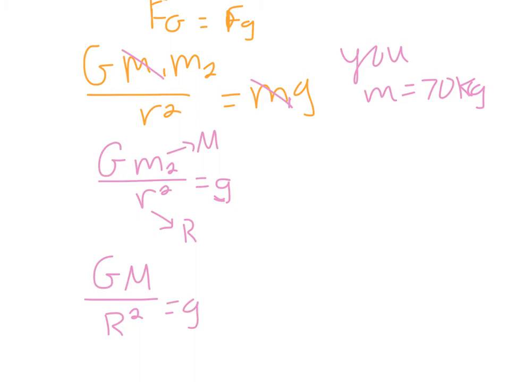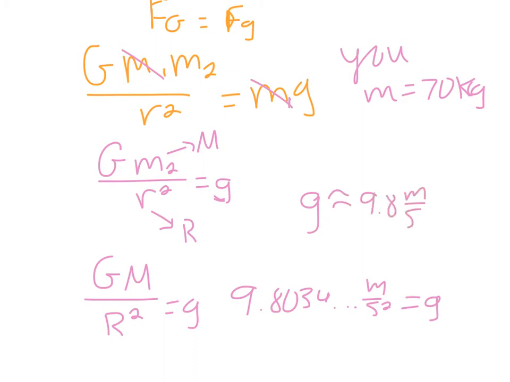So putting that into your calculator, I have G M divided by R squared, and I get 9.8034, keeps on going, meters per second squared equaling g. So g is about equal to 9.8 meters per second squared. Look at that magic.